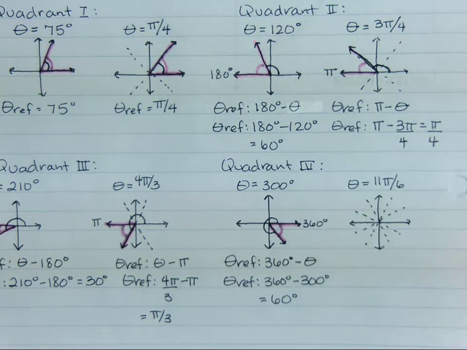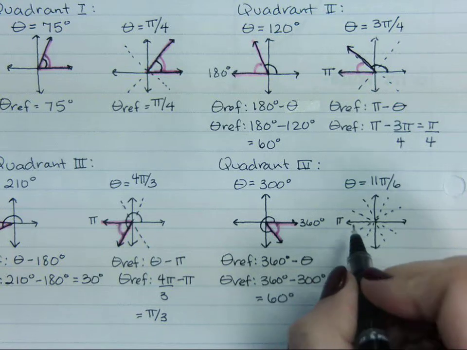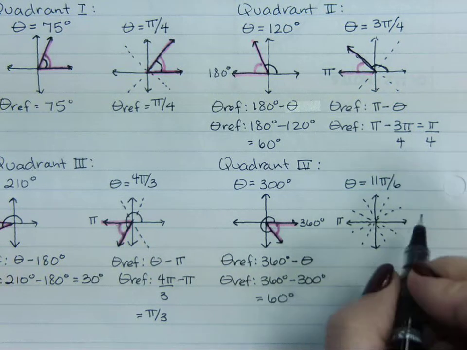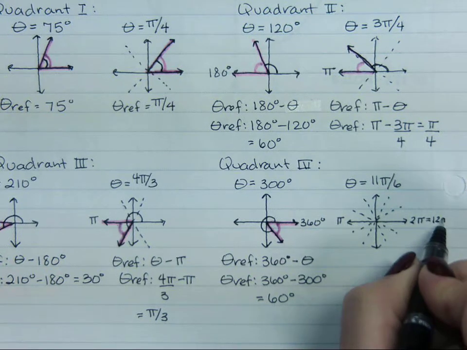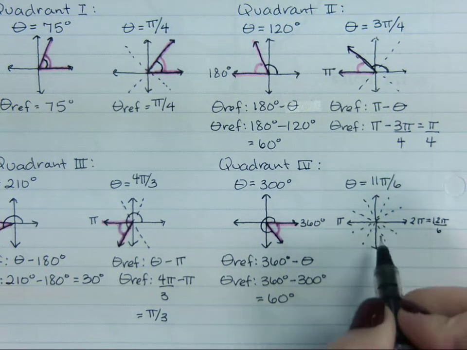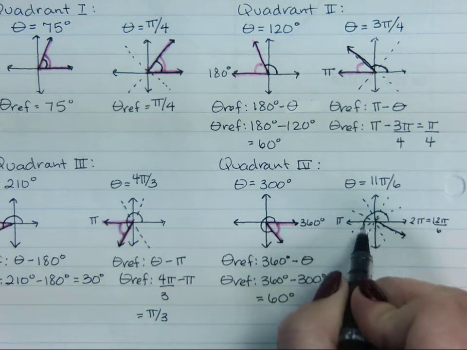And I need 11 of those. All right. So here's pi, or again, this is going to be 6 over 6. And this is 2 pi, which is the same thing as 12 pi over 6, because I have 12 increments. And so 11 pi over 6 is saying going all the way around 11 segments to here.